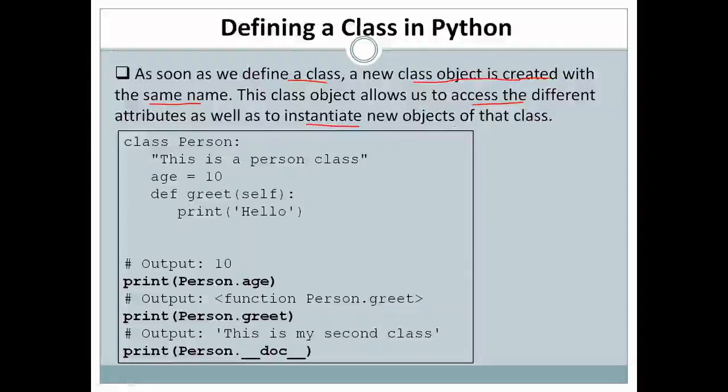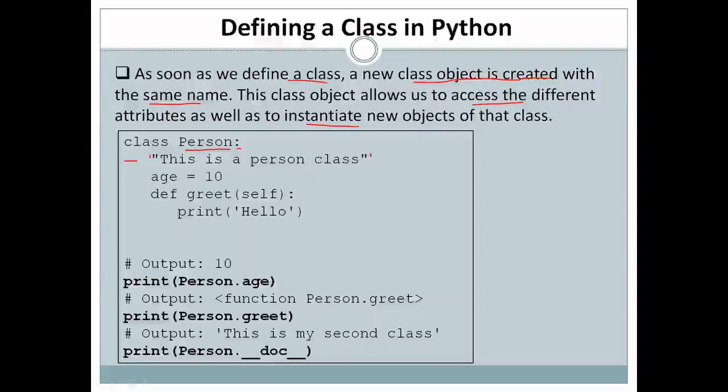Now let us understand this with an example. You can see here we have a class declaration, class person. This is how we need to define a class, then a colon, and there is some indentation. Indentation is necessary because you need to include statements inside the class, so they need to be indented properly. The first statement here is the docstring, again in triple quotation marks.